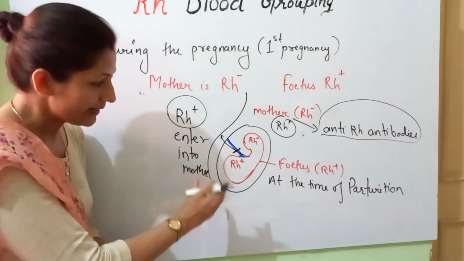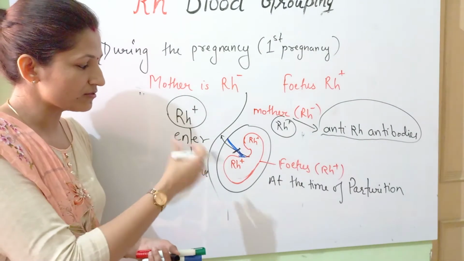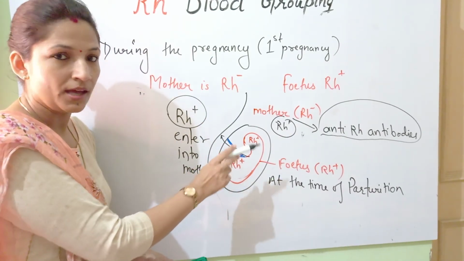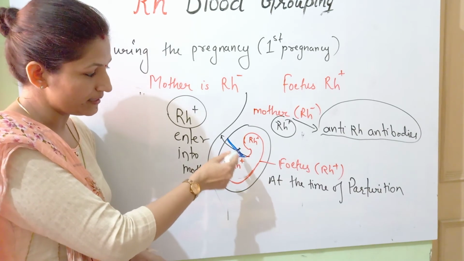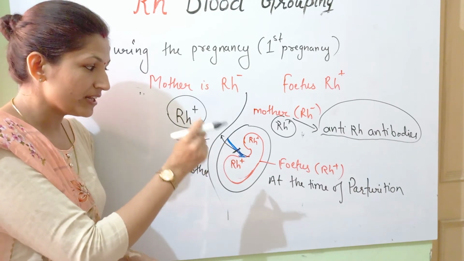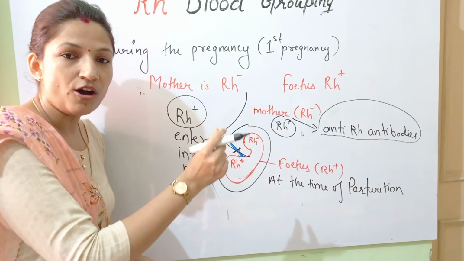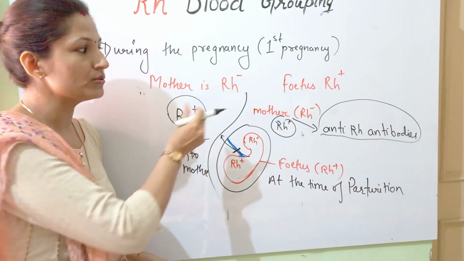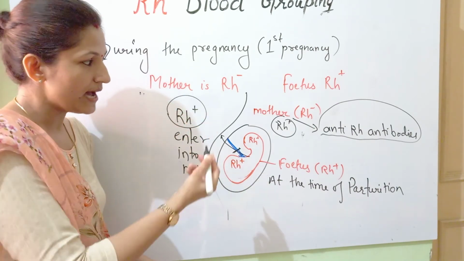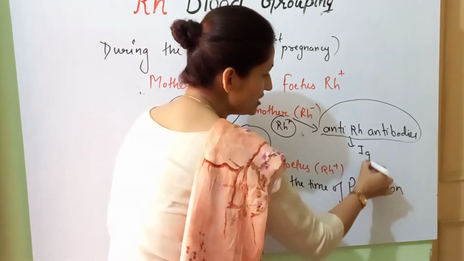Okay, so at the time of the first pregnancy, because there is no mixing of blood, the rest of the material is diffused through the placenta. But when it is going to be cut, at that time there is a very little mixing of the blood, and that allows the blood of the fetus to enter into the mother's blood, and as a response there is one category, IgG.